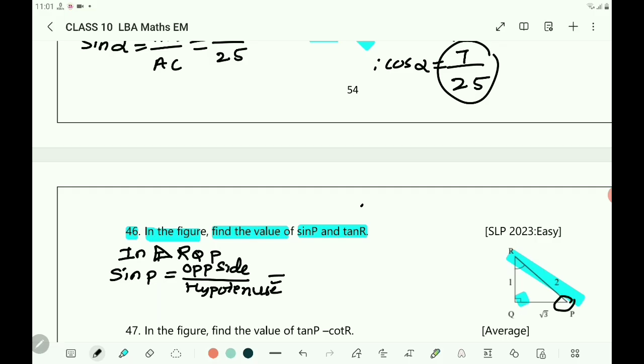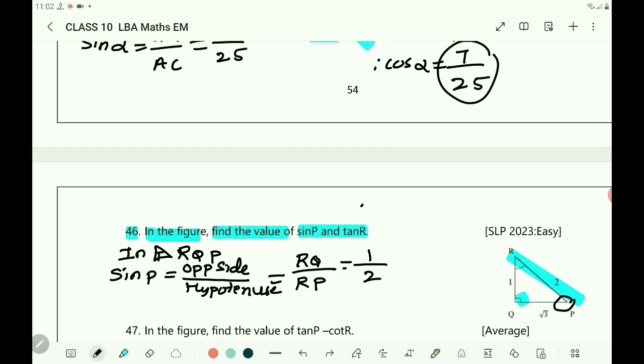For P, the opposite side is RQ and the hypotenuse is RP. So you write RQ by RP. RQ is 1, RP is 2. So you got 1 by 2.